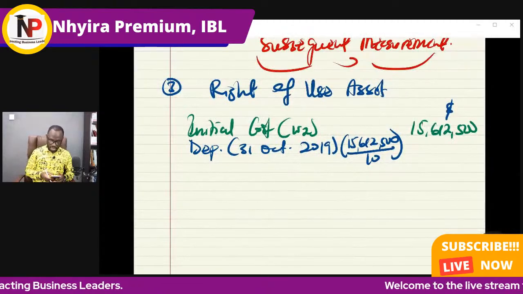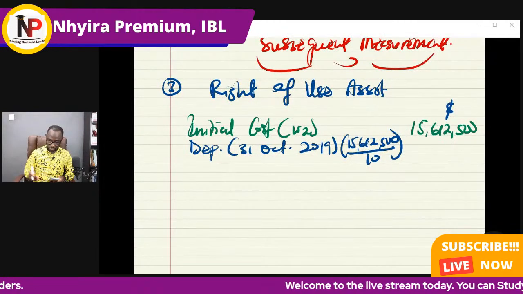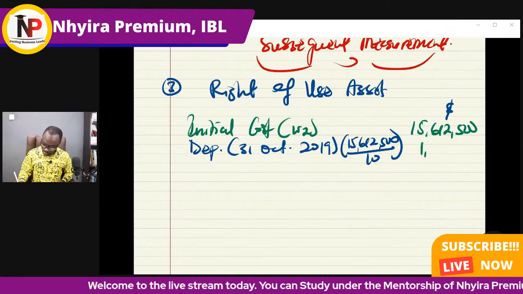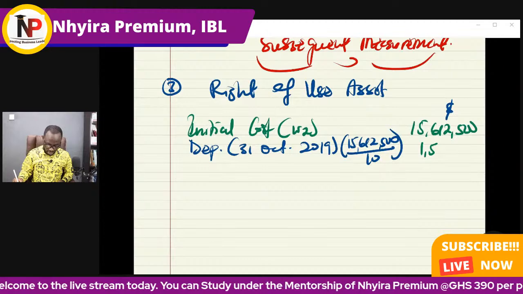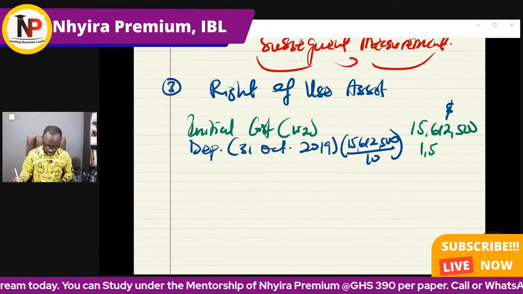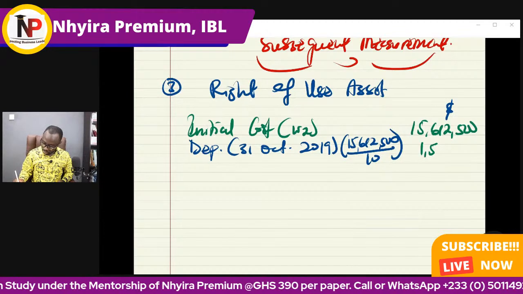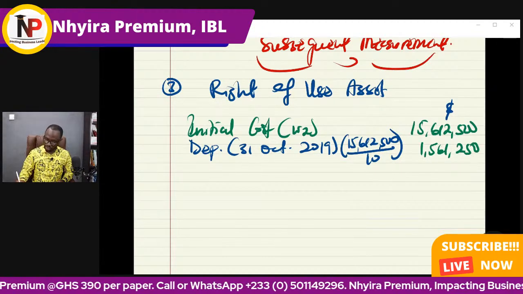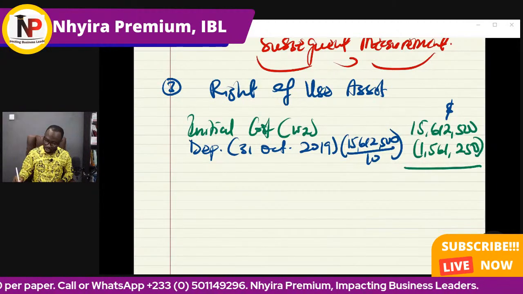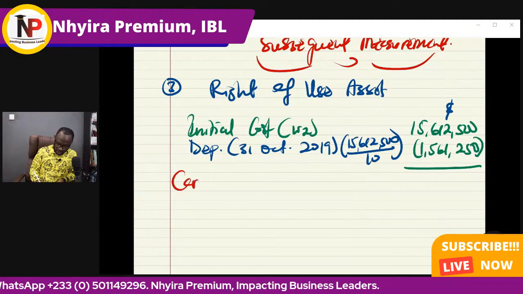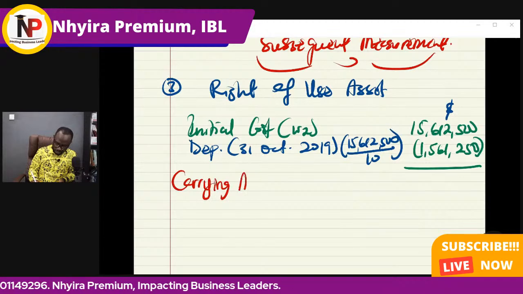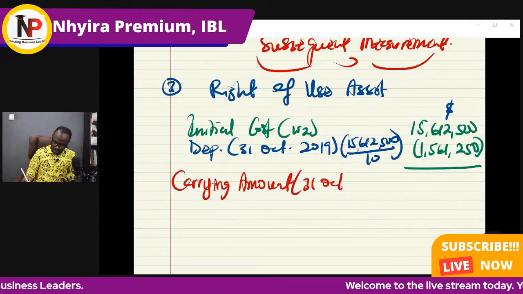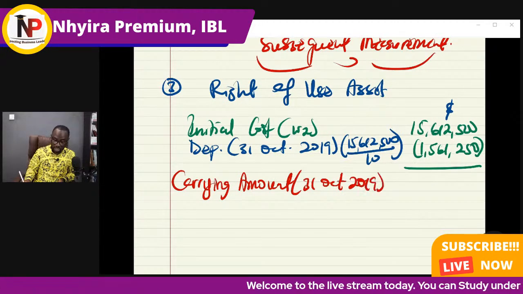So if we check that up divided by 10, I'm getting 1,561,250. So you take it out so that we get a carrying amount as at 31st October 2019.